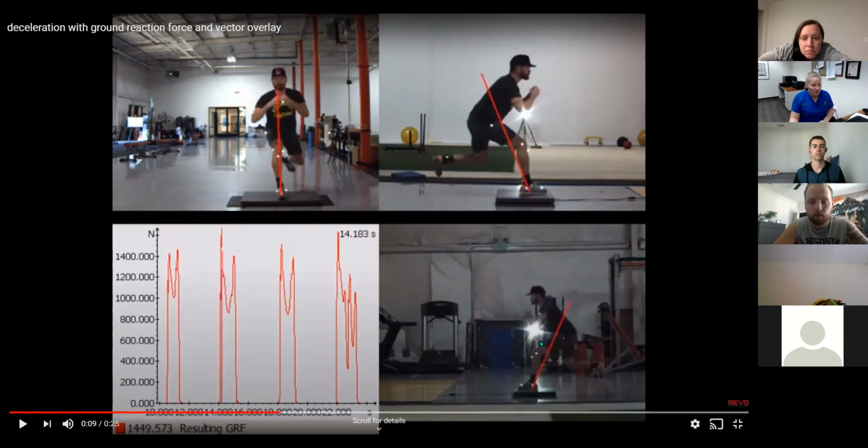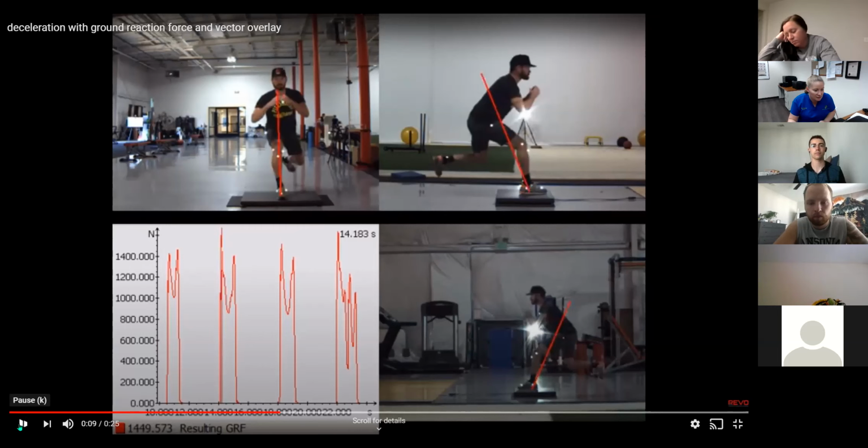So initially, the ground reaction force is posterior to the ankle joint. It's easier to see on this view here. That's when his ankle is plantar flexing to get stability, so that we have foot flat. So he's nice and stable. His entire foot's on the ground.